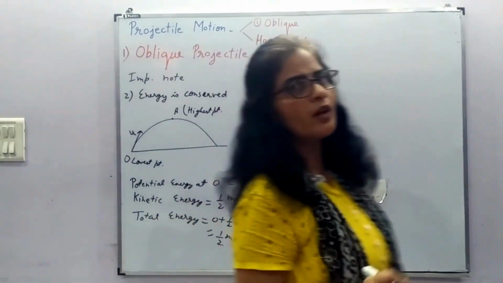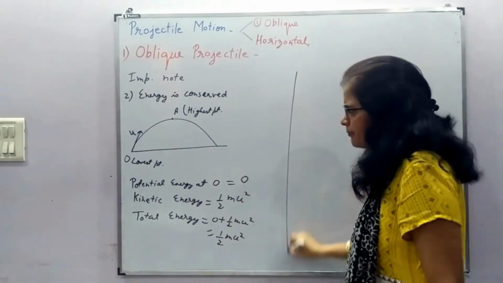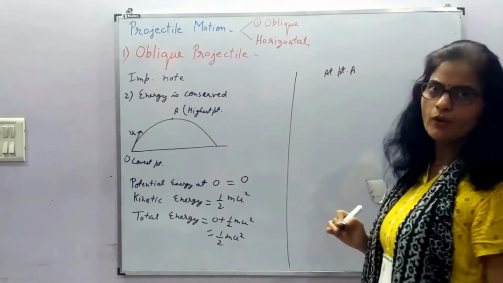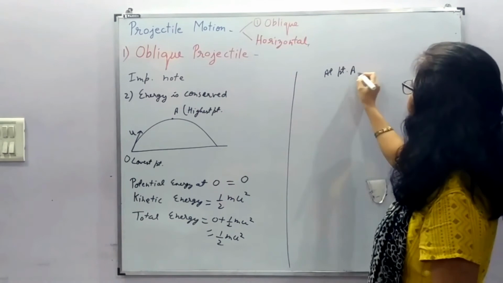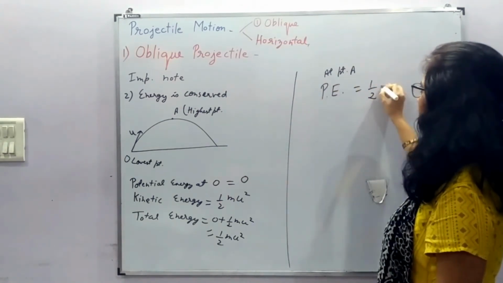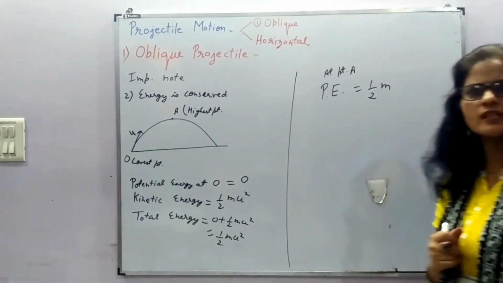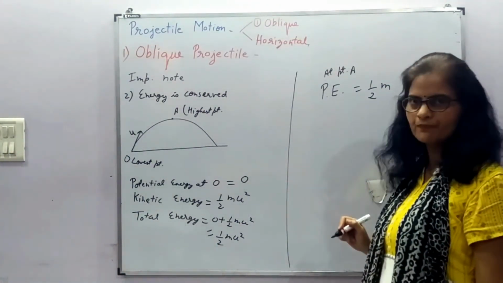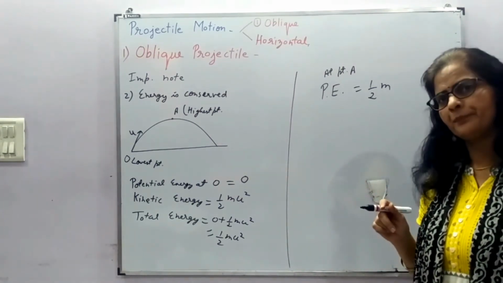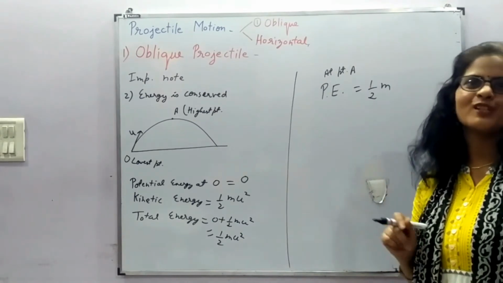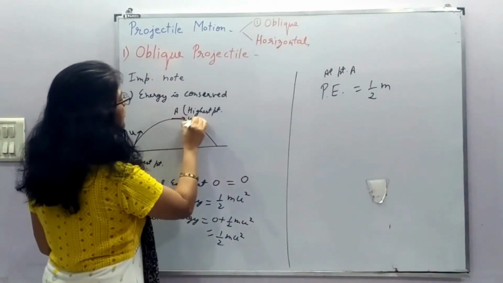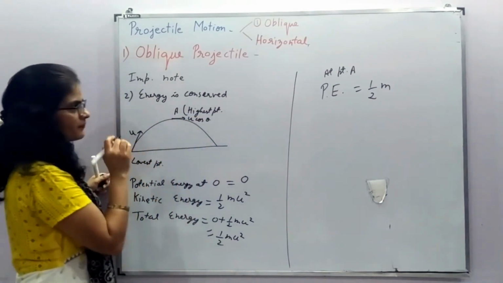Now let's consider the point A, which is very important here. At point A, what is the potential energy? Now at point A, does the object have any velocity? Vertical velocity is 0, but it has which velocity? U cos theta velocity. Right?